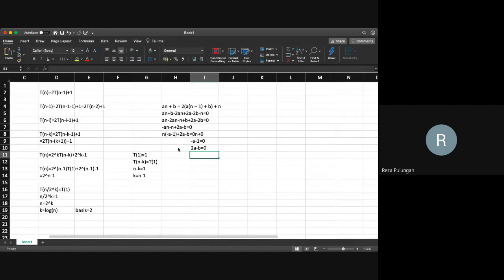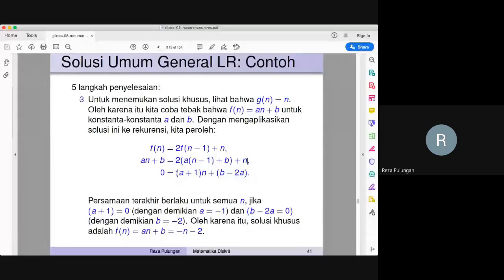This is a system of linear equations again. You're supposed to be able to find what is a, what is b, and so forth. Okay. Let me return to the slide. So this is equal to 0, a plus 1. I think I just made a mistake there.